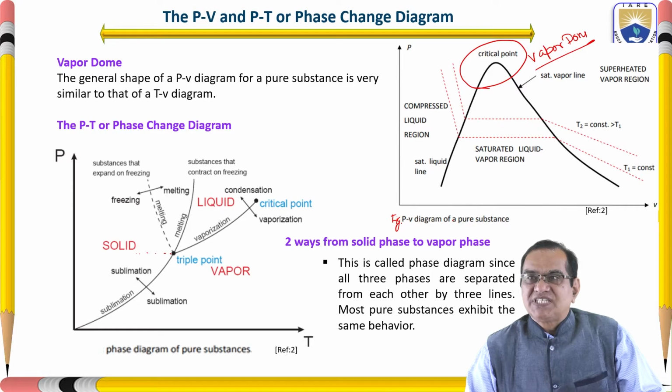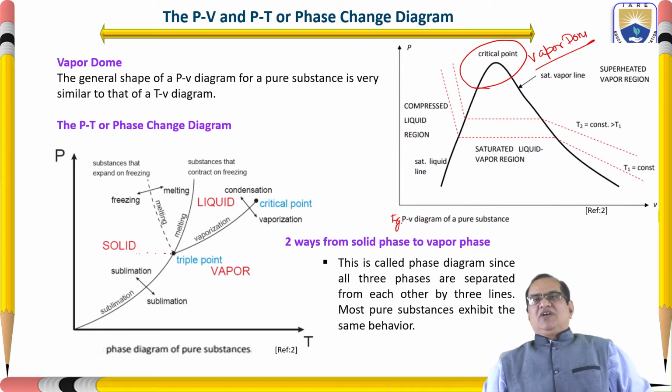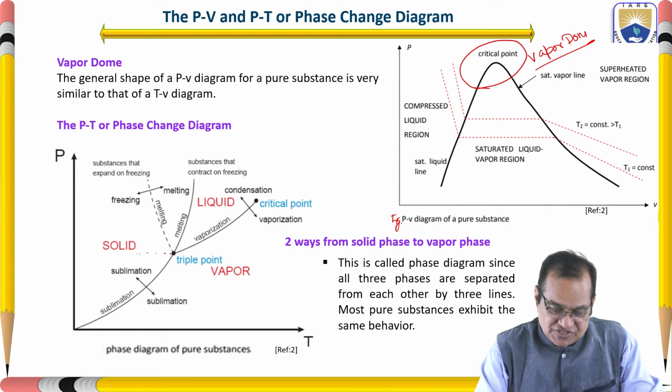Most pure substances exhibit the same behavior: they will have the triple point and the critical point, they can be vaporized, melted, and made to sublimate. Vaporization means from liquid to gas.